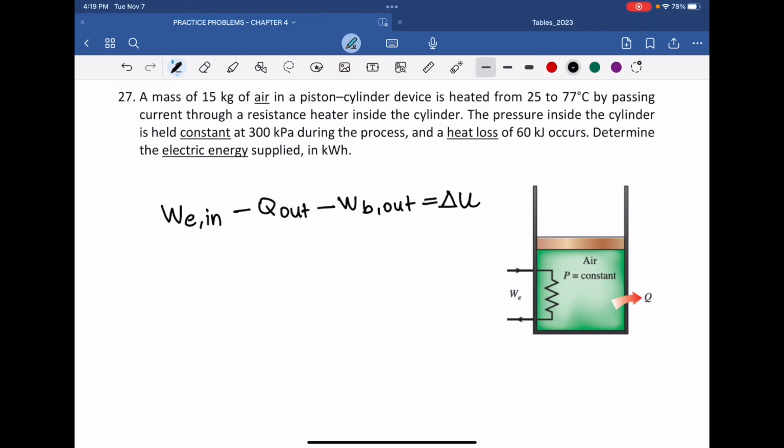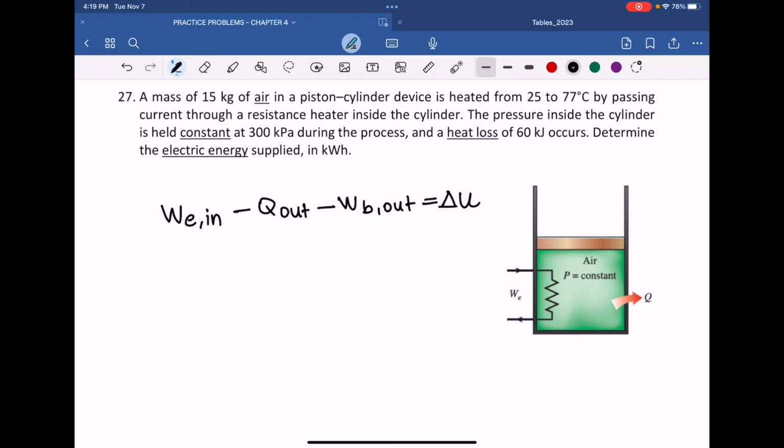So altogether these energy interactions cause your system's internal energy to increase because its temperature is changing, and that should push the piston, and you should have a boundary work out. That is what I would suspect to happen.